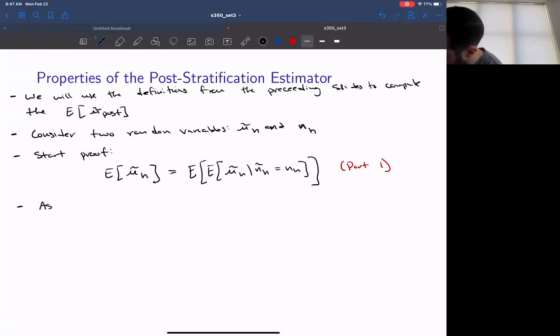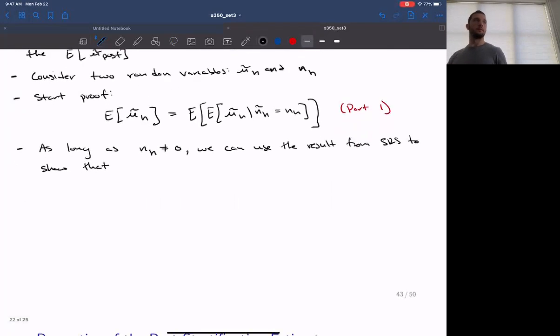Okay, and then we can say as long as little nh does not equal 0, we can use the result from simple random sampling to show that the expected value of mu tilde h given little nh equals little nh is equal to mu h.